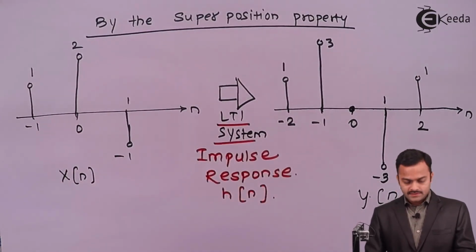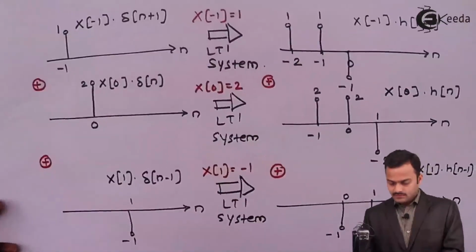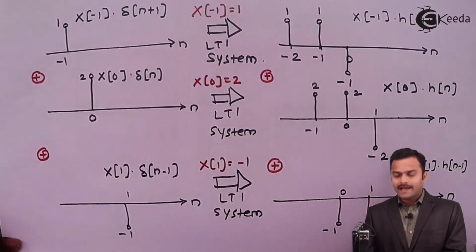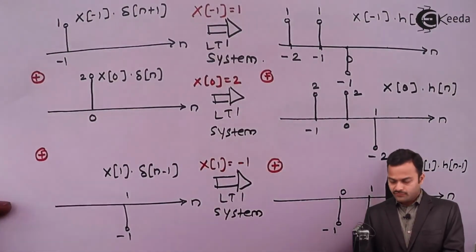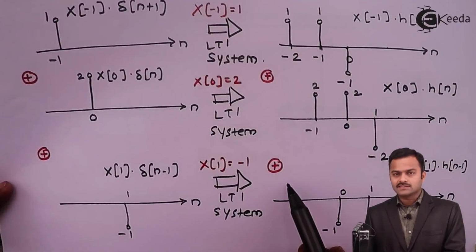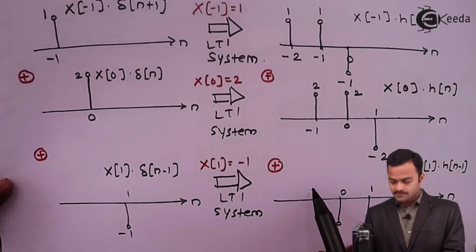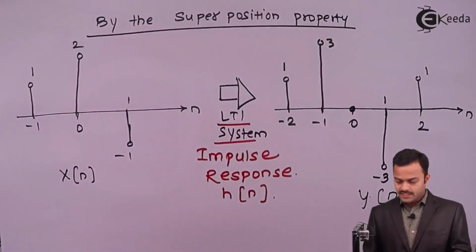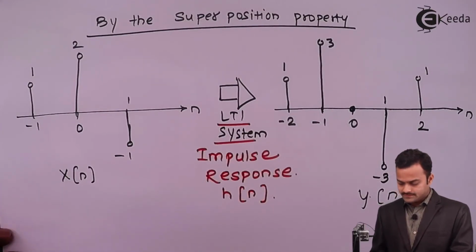So as far as this particular thing is concerned, I can sum this into one formula, and that formula we derive, which we call the convolution sum. So the formula that we get over here is like this.